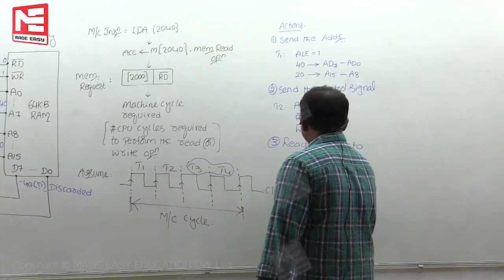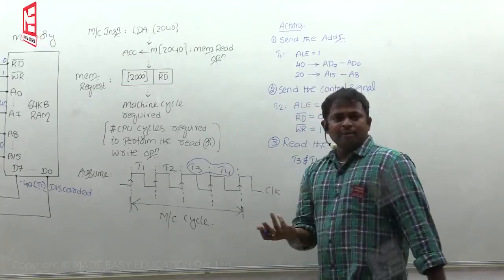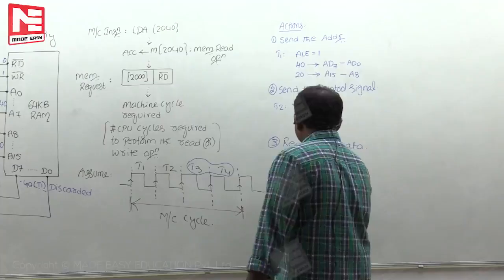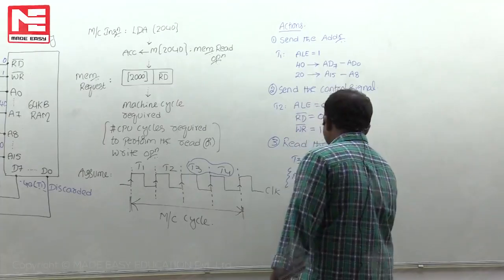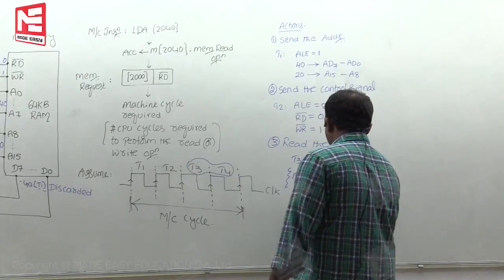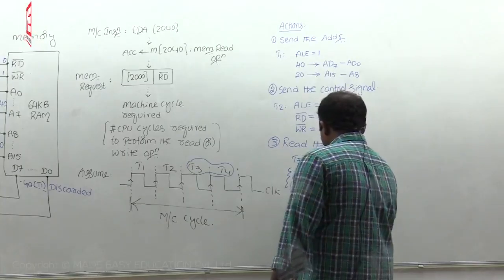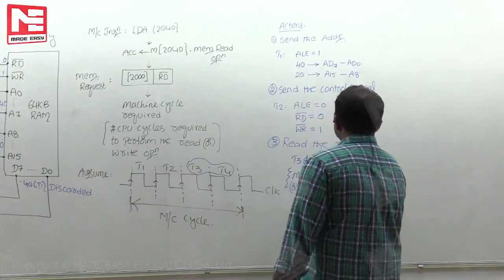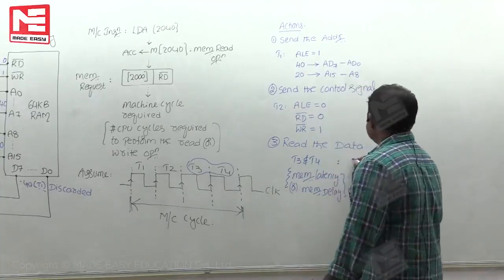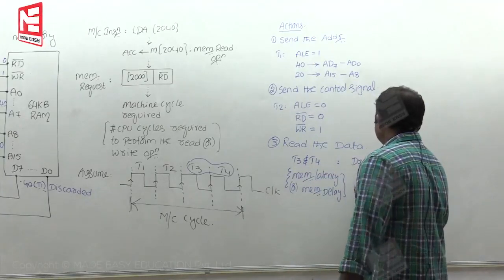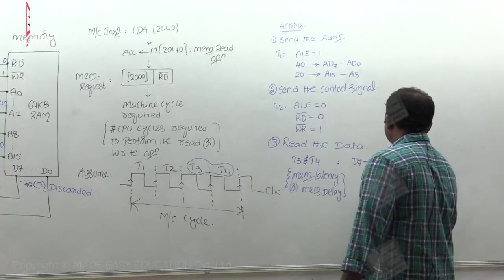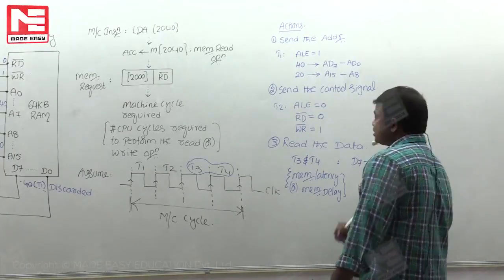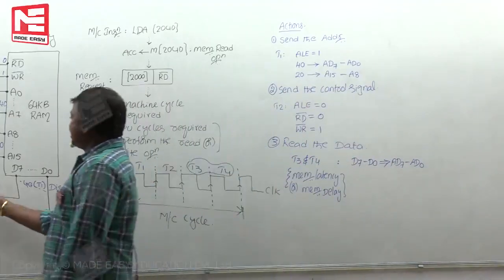So T3 and T4. Why 2 cycles? It may be more than 2 also. This is our assumption. So in these 2 cycles, memory latency or memory delay, like this. So in these 2 cycles, data is ready at D0 to D7. This data will be transferred to AD0 to AD7. This is the meaning.